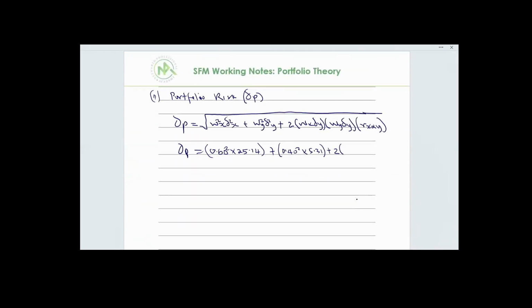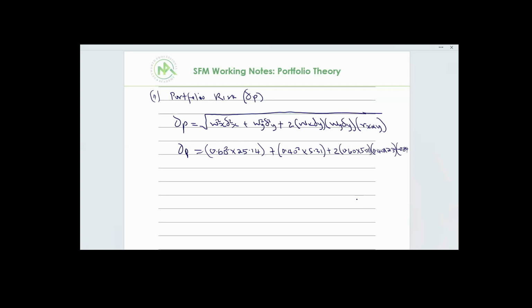So multiply by 0.60 multiplied by 5.01 multiplied by 0.4 multiplied by 2.3, multiplied by the correlation coefficient of minus 0.84.